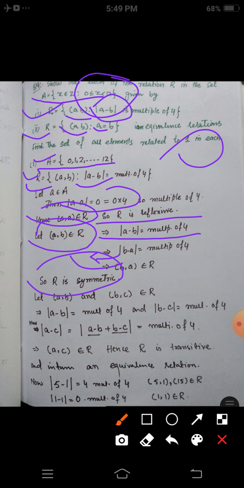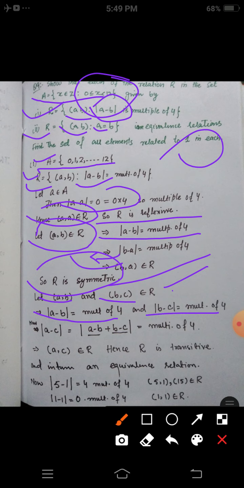Now for transitive, we take elements of the form (a, b) and (b, c) in R. When (a, b) belongs to R, |a − b| is a multiple of 4. When (b, c) belongs to R, |b − c| is a multiple of 4.